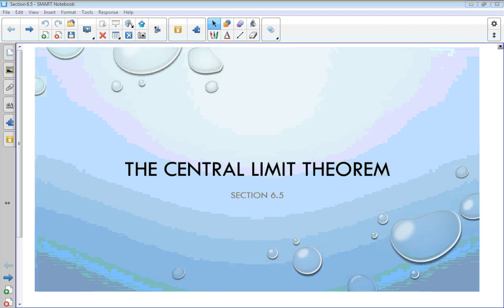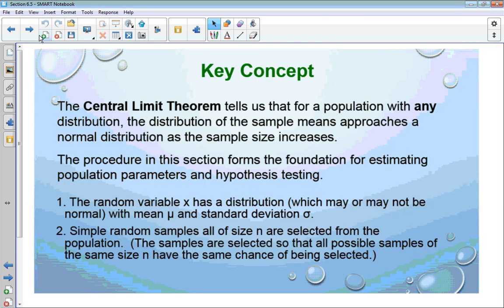Hello again. We are ready for the final section of Chapter 6, and that is talking about the central limit theorem. The key concept here is that for any distribution, the distribution of the sample means, and we talked about sample means in the previous section, approaches the normal distribution, and as the sample size increases, that distribution becomes closer to the normal distribution.